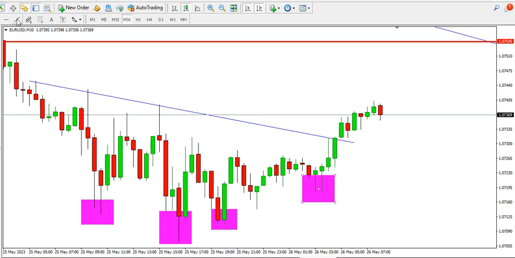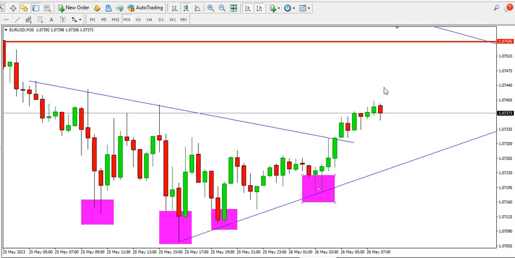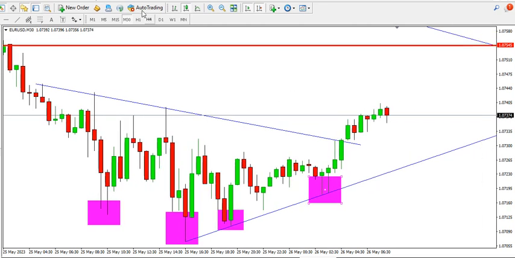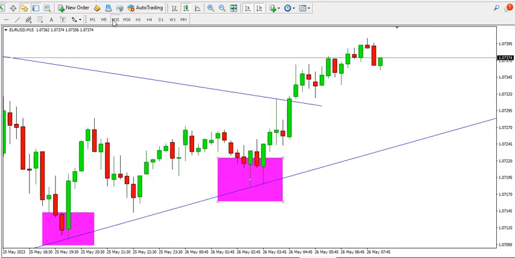And we have this ascending trend line confirming that price is trying to recover to the top side. So you might look for buying opportunities on Euro USD for now, until the bears step in and try to push price down for the downward trend to continue.